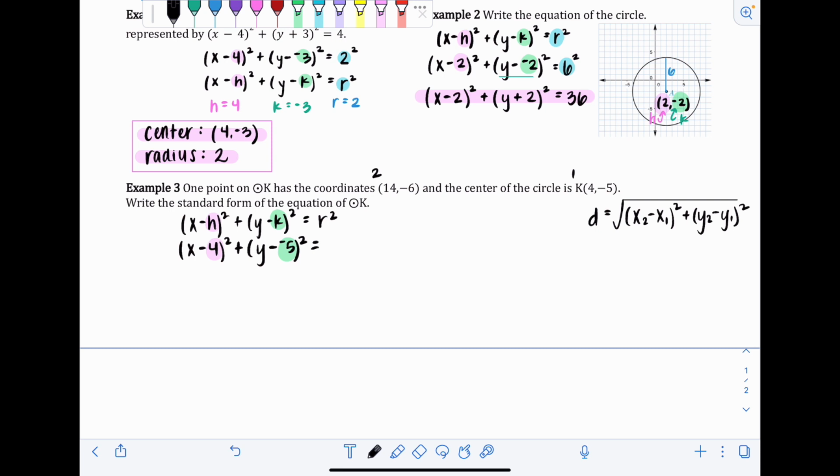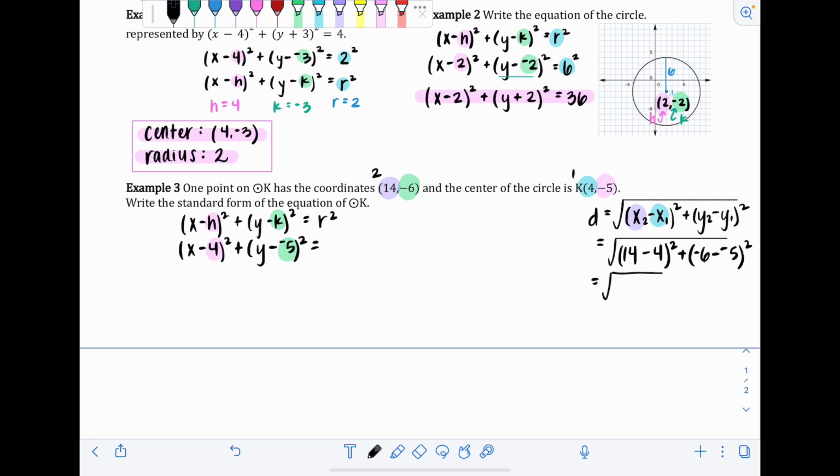So x2 minus x1 will be 14 minus 4, squared, and then plus, for y2 minus y1, negative 6 for y2 and negative 5 for y1, so negative 6 minus negative 5, squared.